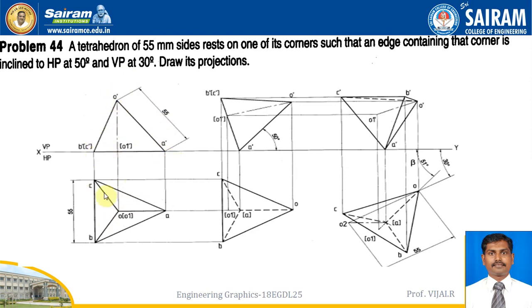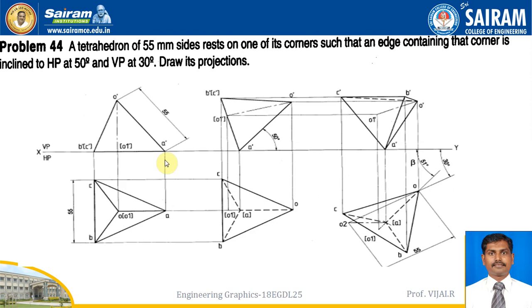For the edge CD, when we are seeing from here, B and C will be there. B is a visible point, C is an invisible point, and the total distance from CB to A looks like a straight line. When I am seeing BA from here, it will be a straight line of this distance. So when we project, the bottom will come here.